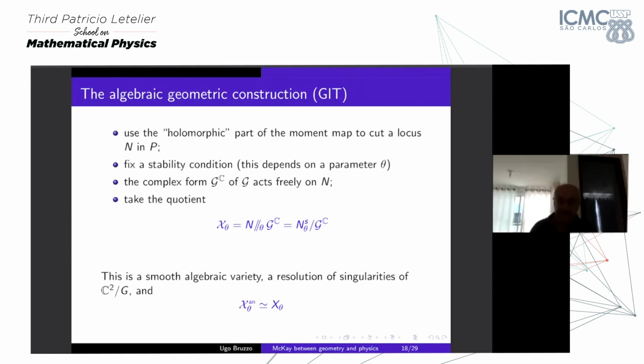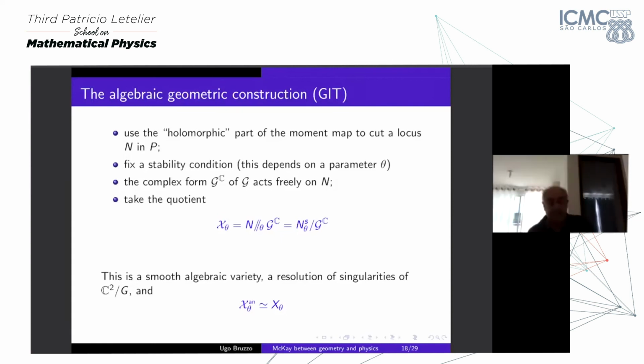This depends again on the choice of a parameter theta. And what you have to do is to look for the points that are stable in a suitable sense. I'm not going into explaining what geometric invariant theory is. I only want to say that there's also a way of doing this as an algebraic variety.